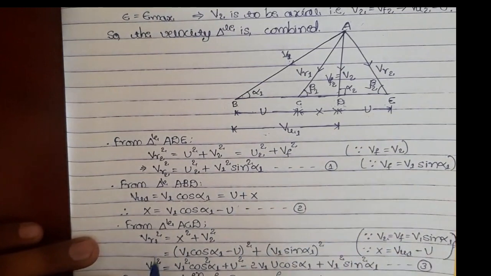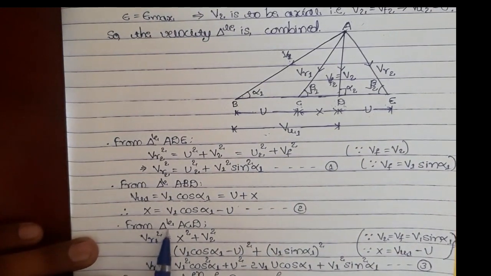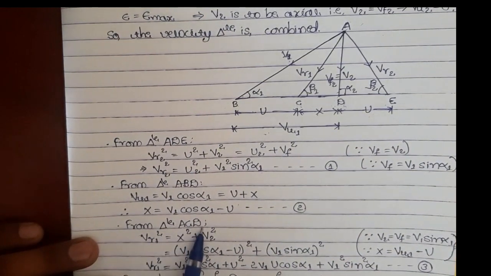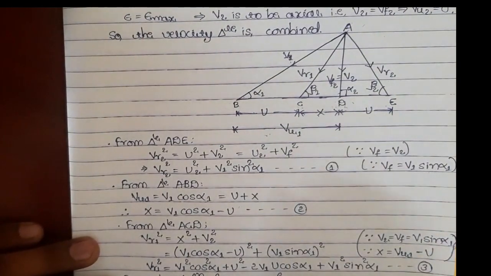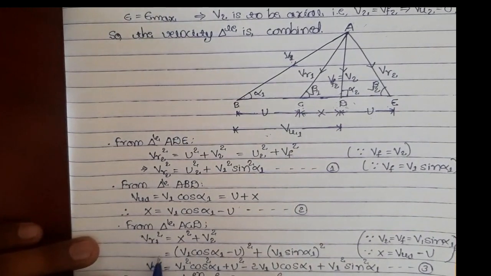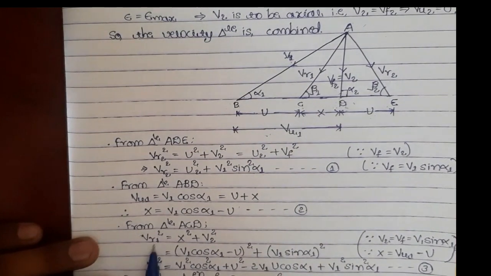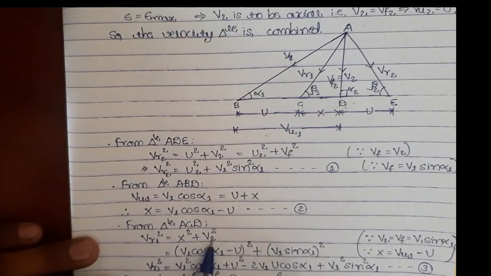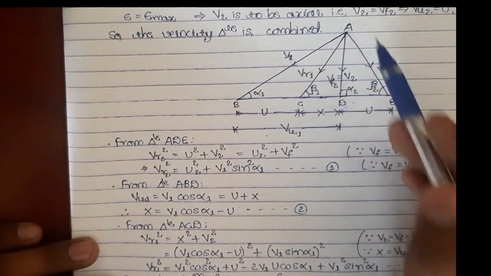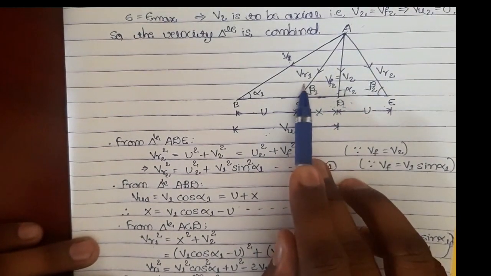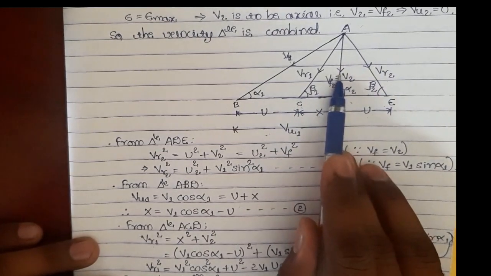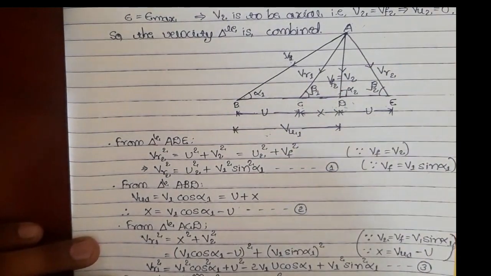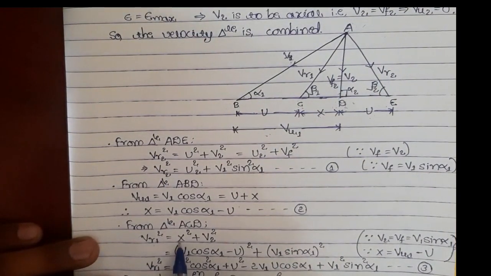Now, going for further modification and considering the triangle ACD. This is the triangle ACD. In this triangle ACD, from the Pythagoras theorem, I shall write VR1 square, the hypotenuse square, is equal to X square plus V2 square, or Vf square, because V2 and Vf are the same. Now, what is X here?